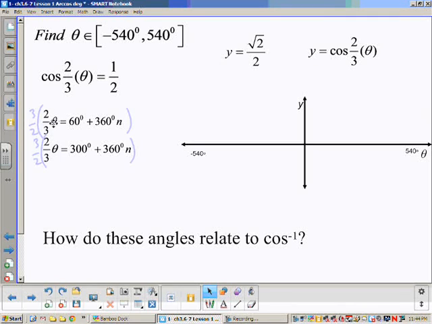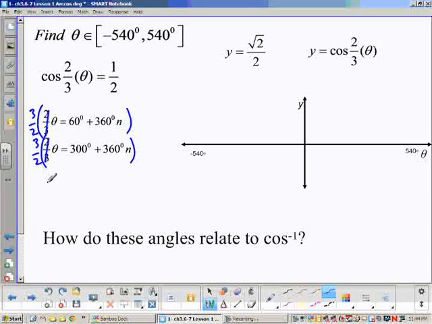To get theta by itself, we multiply by the reciprocal, 3/2. When we do that, we get the 2/3 to cancel out. So we'll just get theta. And then if we were to take 60 divided by 2, that's 30. 30 times 3, this would turn into a 90.